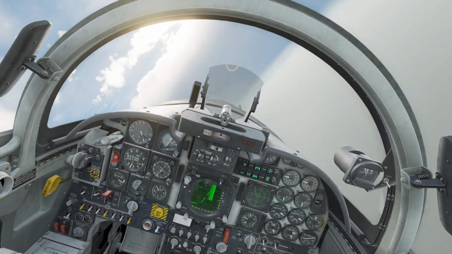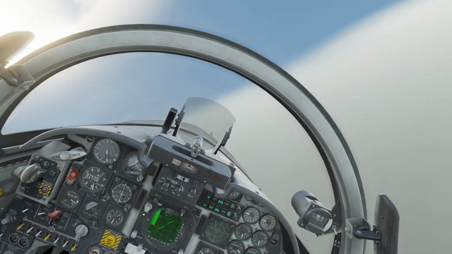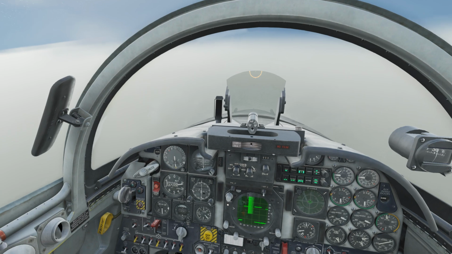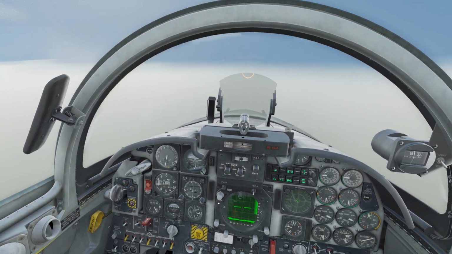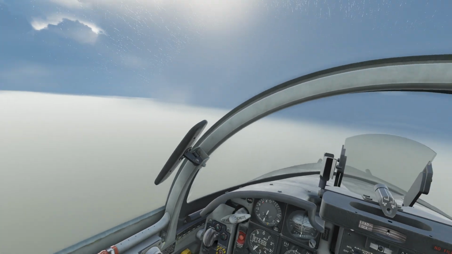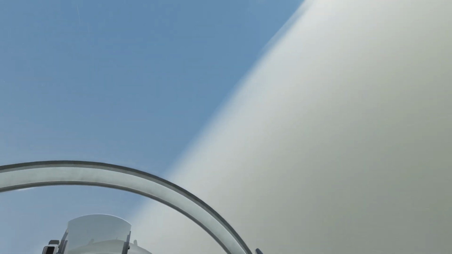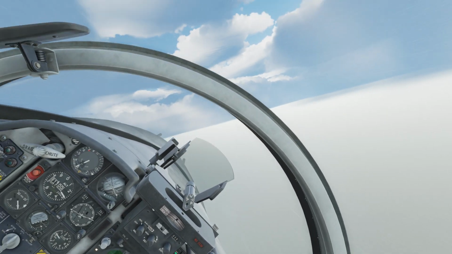Okay. Should be within a mile of us here. 26, we should be right above it. Probably something over there. What do we have?